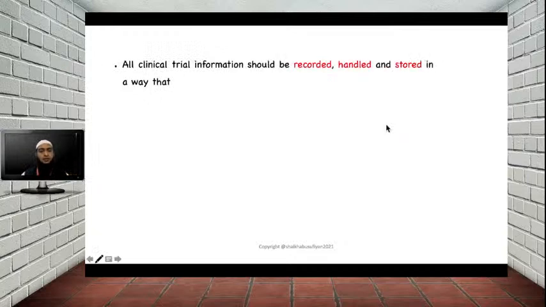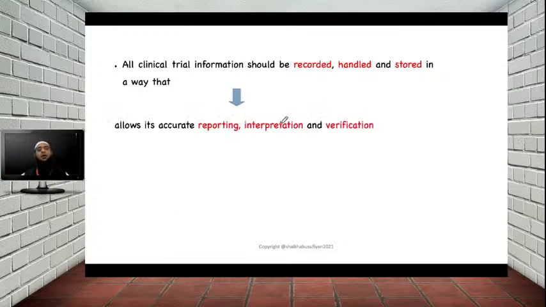Okay, then all clinical trial information should be recorded, handled and stored in a way that allows accurate reporting, interpretation and verification, because that is very important. Because if you have the documents and some authority or government agency comes to you and asks you to produce the data, then in such a case you should not take more time to produce that data in front of the committee, right?